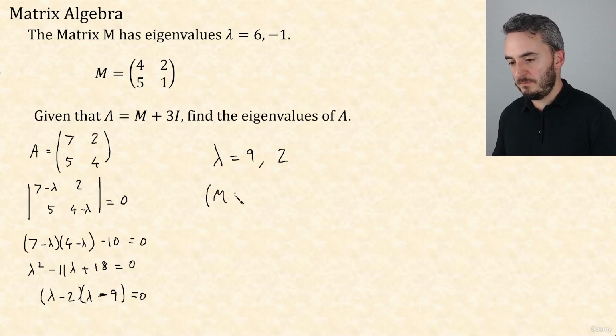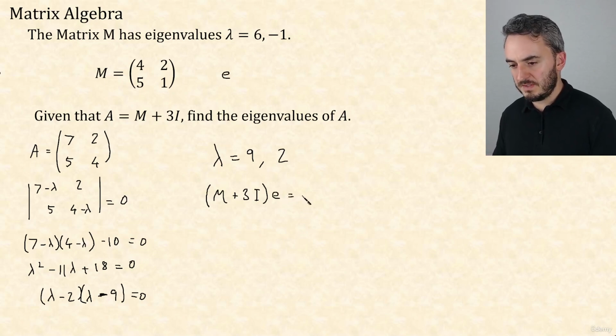If we do M plus 3I multiplied by, well, let's multiply it by the eigenvectors of M. So let's say that an eigenvector of M is E. Well, what is this?